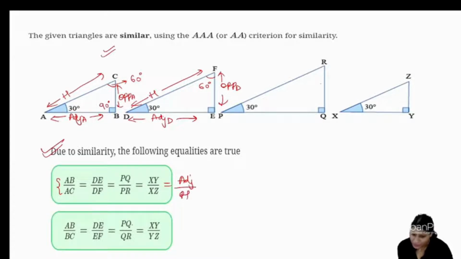If we observe the ratio AB upon BC, AB is adjacent and BC is opposite, so adjacent upon opposite are equal. So these ratios we have seen through similarity. Now let's observe the same thing through simulation.